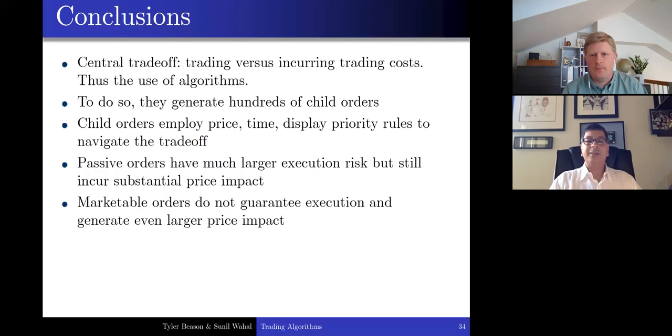Personally, I'm quite skeptical of it because there are so many places to hide and so many free parameters here for an algo that I think order anticipation is a tough game to play. It's also a game that involves considerable counterparty risk on the other side. So I'm skeptical of it, but we could certainly dig into the larger parent orders to see if it's going on there.